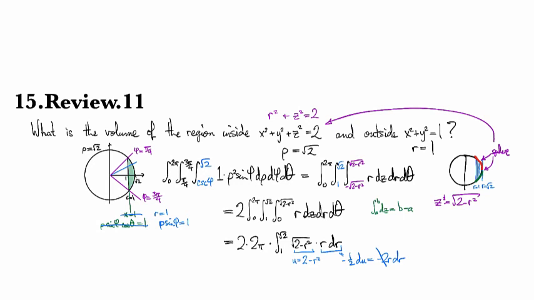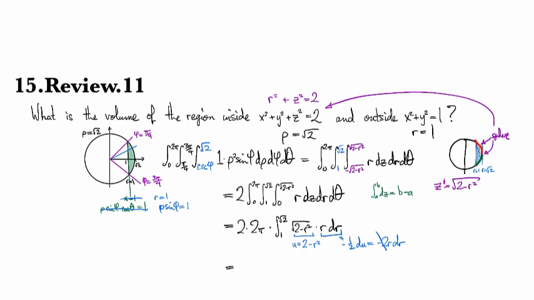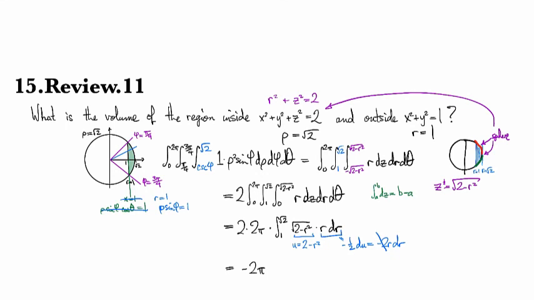And so if I pull the minus 1/2 over to the other side, then I have that right here. Okay, so this becomes now, one of those 2's is going to cancel, minus 2 pi, and then I have the integral of u to the 1/2, and yep, that's looking good.